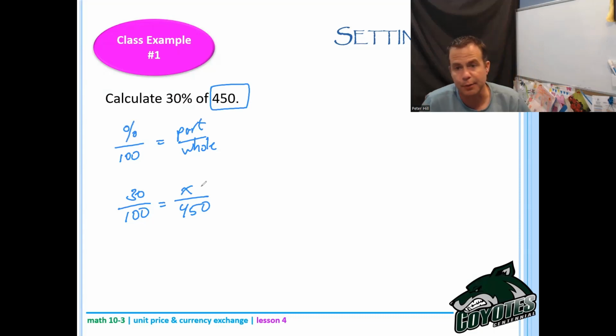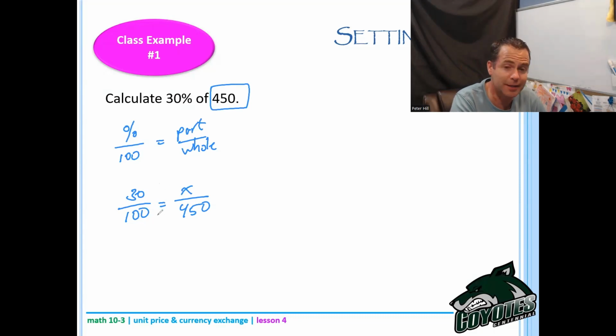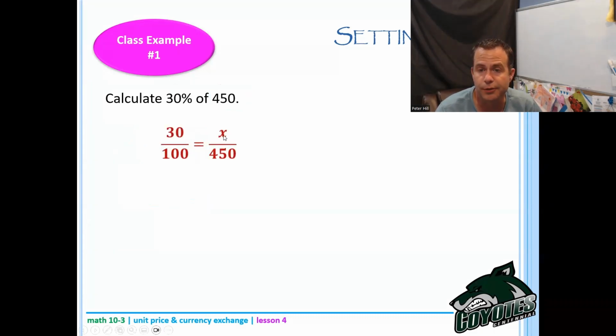It would be nice if we had already talked about a fraction equals a fraction and trying to figure out how to solve for that unknown. Hey, we have. Either you can just cross multiply this, or if you wanted to divide 450 by 100 and then do the same thing this way, whatever works for you would be totally fine. So in my notes here, I've set up the proportion, and now I'm going to cross multiply.